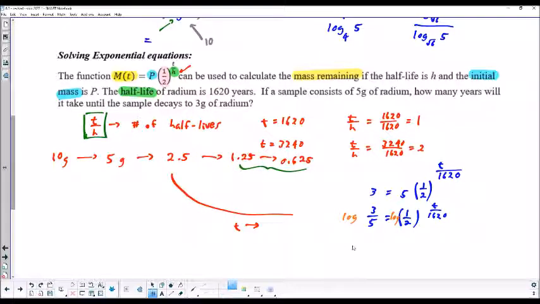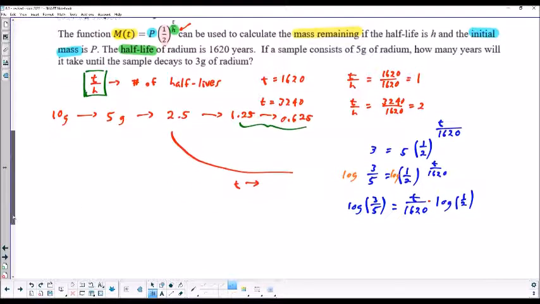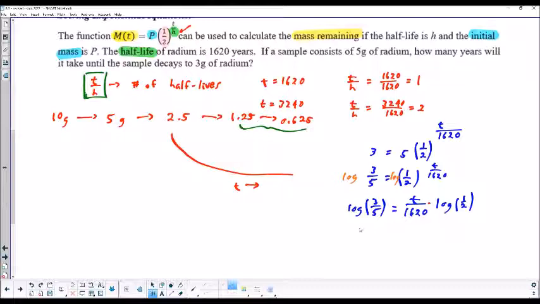So I've got the logarithm of 3 over 5 equals t over 1620 times the logarithm of 1/2. This is multiplication. So then what I can do is divide both sides by the logarithm of 1/2.